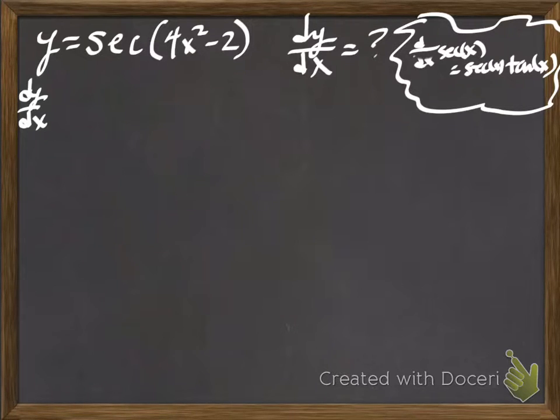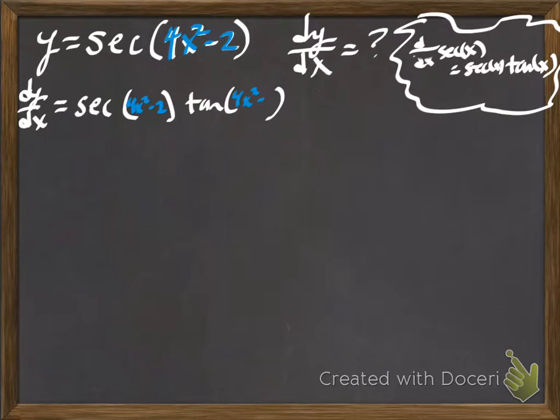Since the inner part, which I'm going to color blue here, has its own derivative, we're going to need the chain rule at some point. But until then, the derivative of secant of the blue is just secant blue tangent of whatever the blue stuff is. So 4x squared minus 2 and 4x squared minus 2.